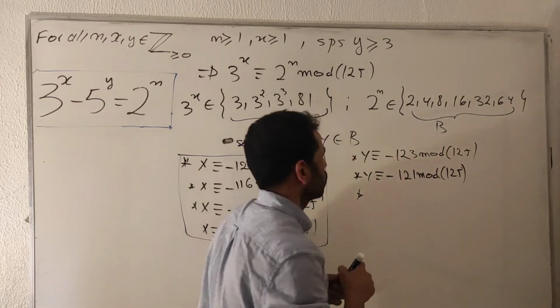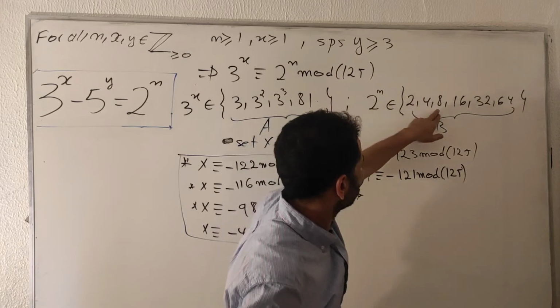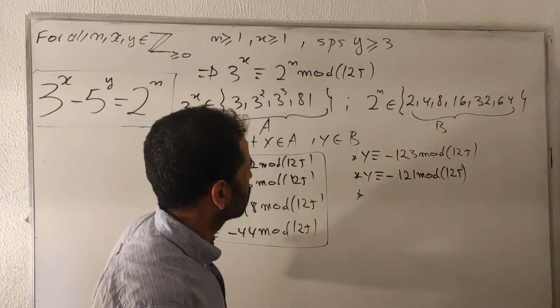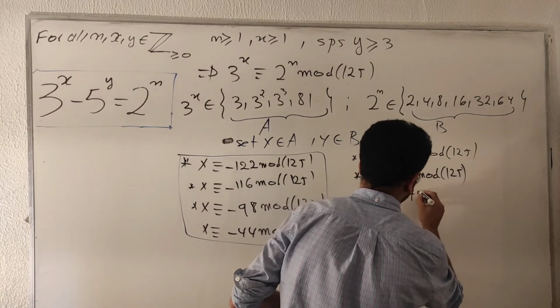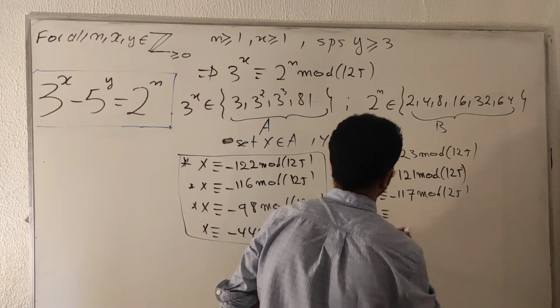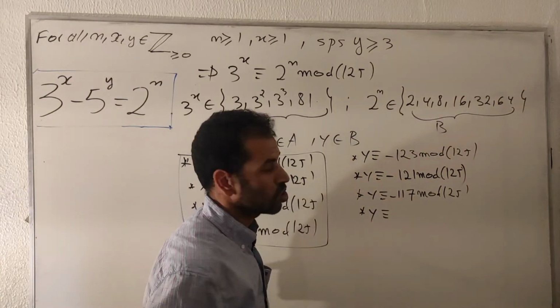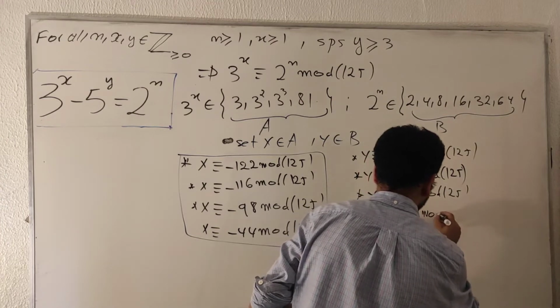For the third value, I get 8 minus 125, which is minus 117 mod 125. The fourth one, I get minus 109 mod 125.